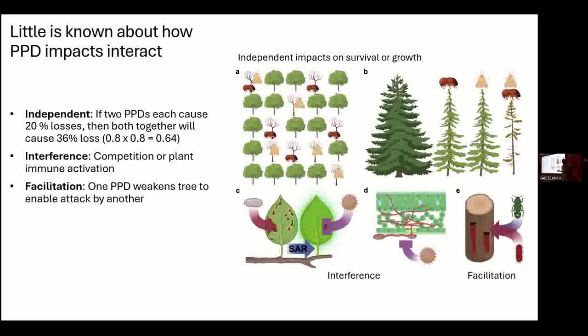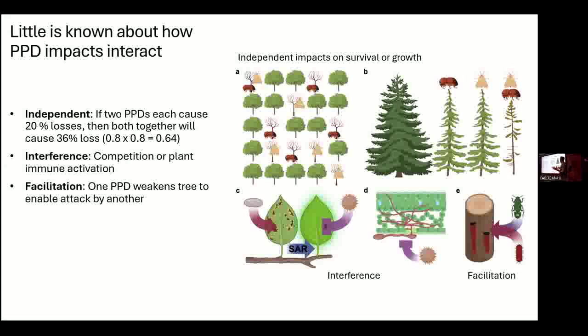We could have a situation where the arrival of one pathogen primes the tree's defenses against the next one, by something like systemic acquired resistance. So this one arrives, triggers the plant immunity, and then when the next one arrives, the tree is protected.